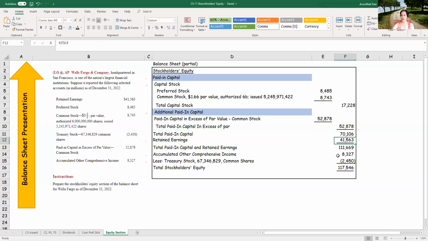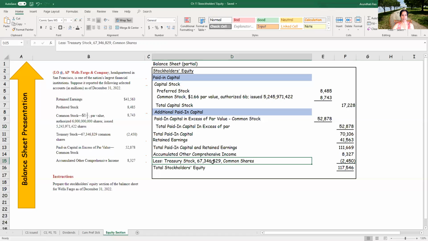And then accumulated other comprehensive income. Again, as I said, in the principles of financial accounting class, it's really beyond the scope of what we need to know for now, other than these are items that bypass the income statement, but do affect the equity section. Treasury stock, we do need to know. This is stock that the company has bought back. And what could a company do with treasury stock?